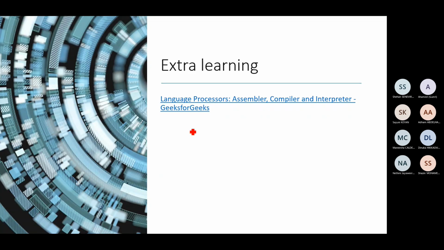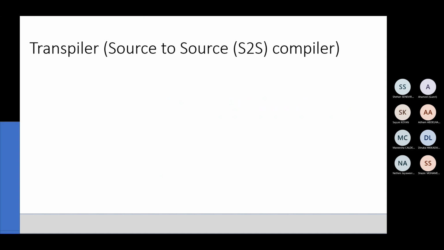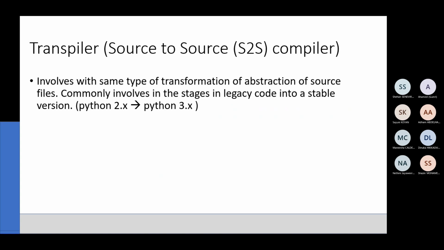And again, something else I'm going to discuss. This is not our scope, but some additional thing for you: transpilers, source-to-source compilers. So basically, a transpiler is involved with legacy to stable versions. For the most part, we have some major changes in code bases. Whenever we have major changes, we have to use new syntax for the old syntax.